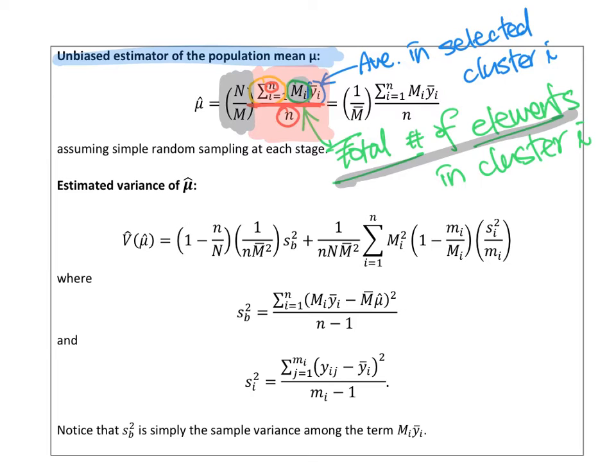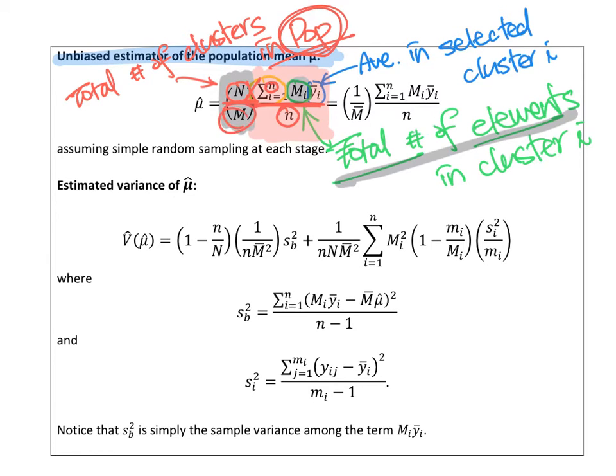The big N was the number of clusters, the total. Okay, just a second. The total is a number of clusters in the population. So now we multiply the N, so we can expand to the population.